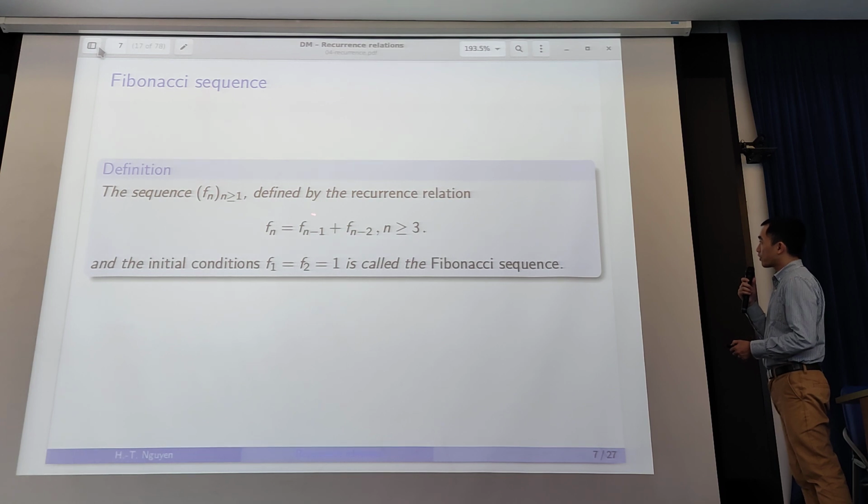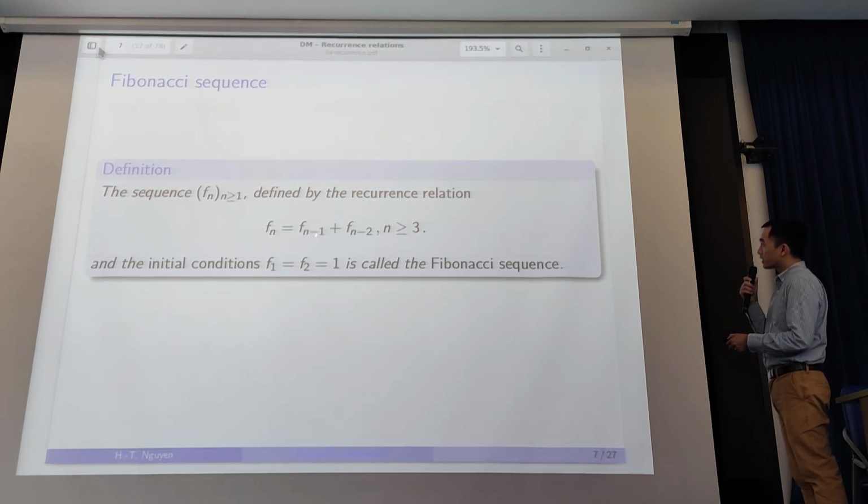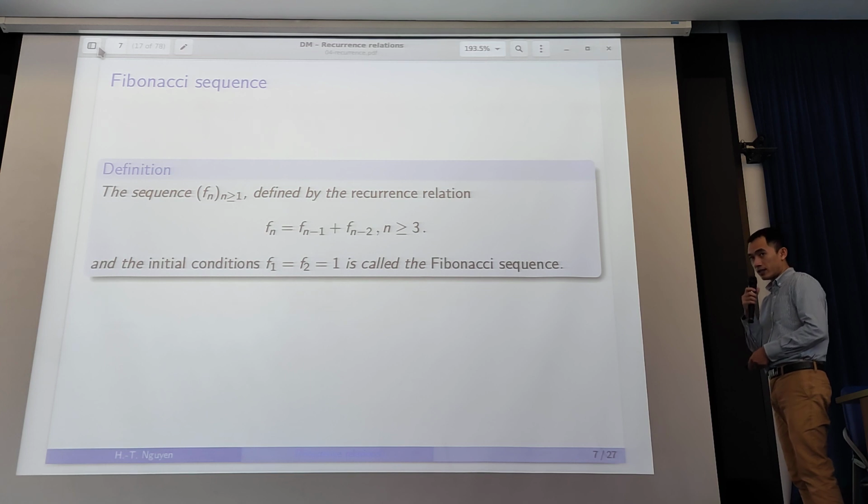So now we take this recurrence relation and these initial conditions. Here you need two terms. You need to go back 2 steps in order to calculate the next term.